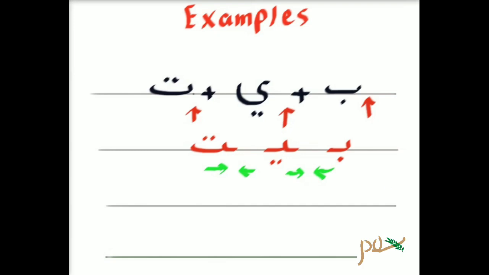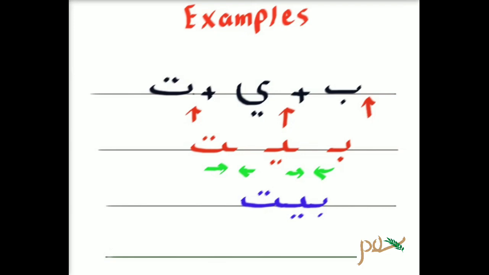This is the initial form of the letter ba. It's connected to the medial form of the letter ya. And this is the final form of the letter ta. Oh, this is our word.